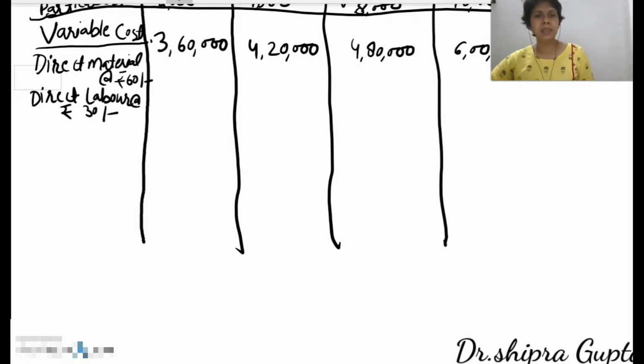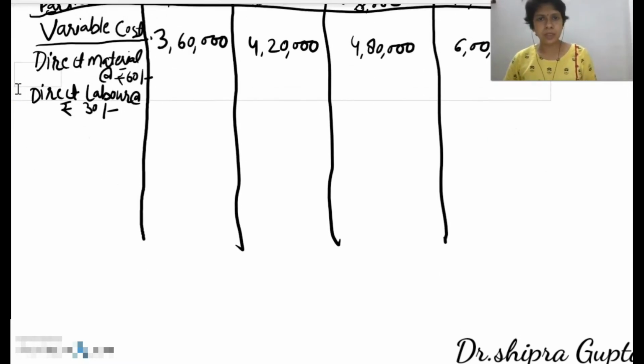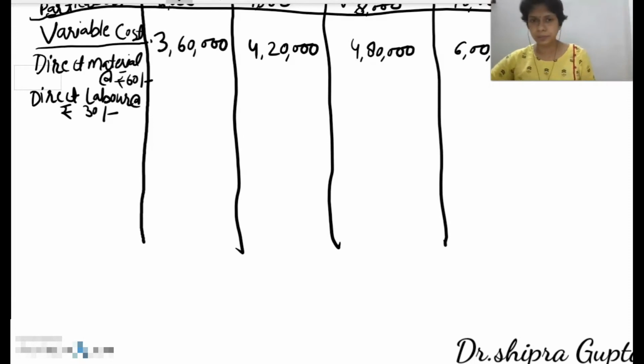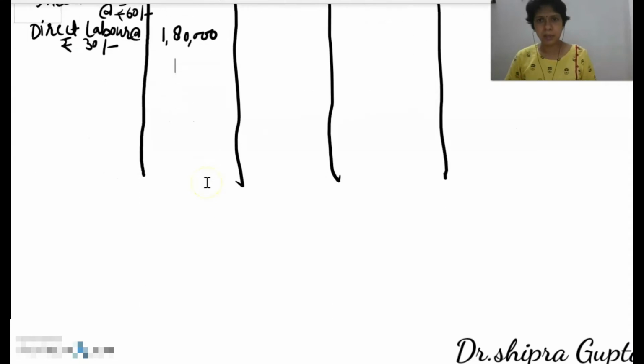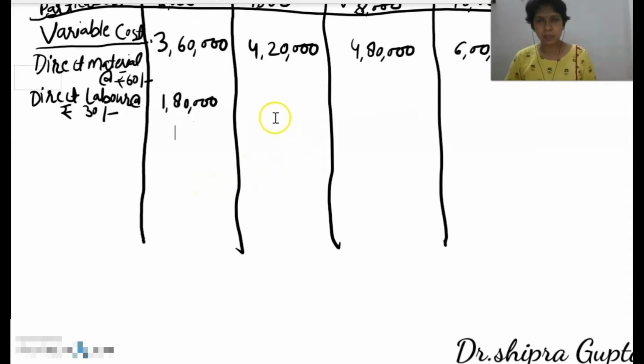So we will multiply 30 into each unit. 30 multiply 6,000 units, we will get 1,80,000. 30 multiply 7,000, we will get 2,10,000.